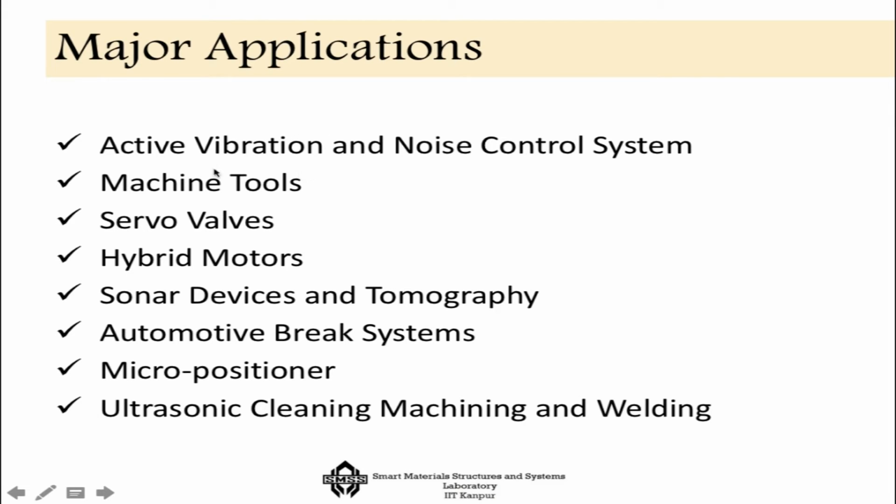Now, there are many applications of it. For example, if you want to control noise and vibration, let us say during the motion of a robot, this is used. It is used for controlling machine tools and servo valves. Just like I told you, so many servo valves are required for, say, different types of pneumatic actuation, so you can use these magnetostrictive materials instead of compressor-based pneumatic systems.